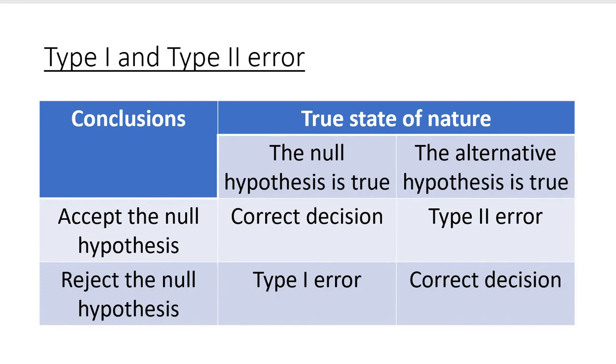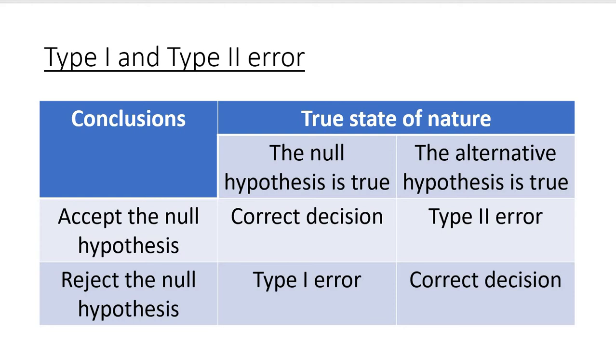Another thing related to testing the null hypothesis is type 1 and type 2 errors. So put it like this. Based on the results of your test statistic, you can either accept the null hypothesis or you can reject it. However, there is no guarantee that you manage to describe the state of nature correctly.